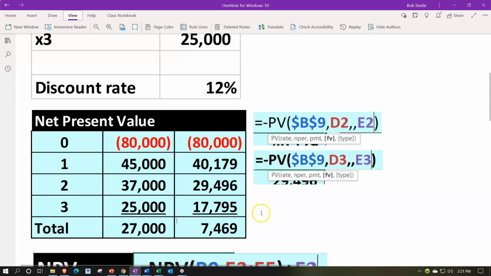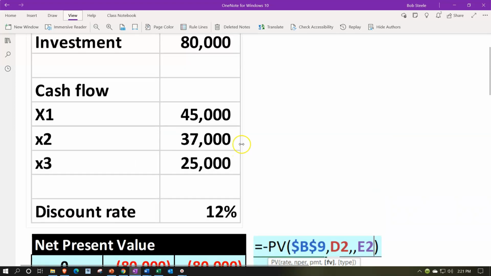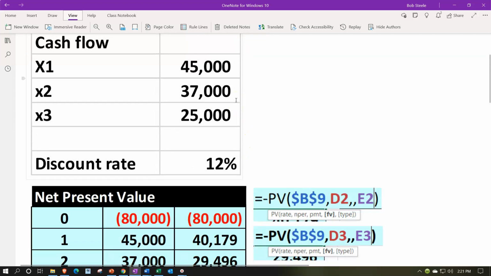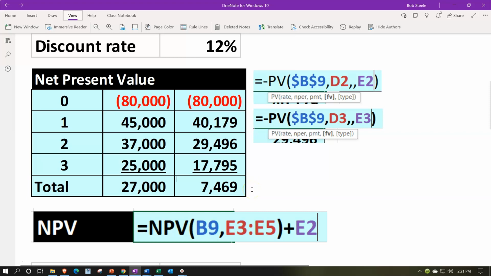So we can imagine seeing this here and asking ourselves, if I was to compare this with other projects, I would like this number to be higher, but even if this number was higher, if I compare projects that have a different amount of investment, for example, it can be kind of deceiving as to what my rate of return is. So I might want to calculate the internal rate of return to compare multiple projects.